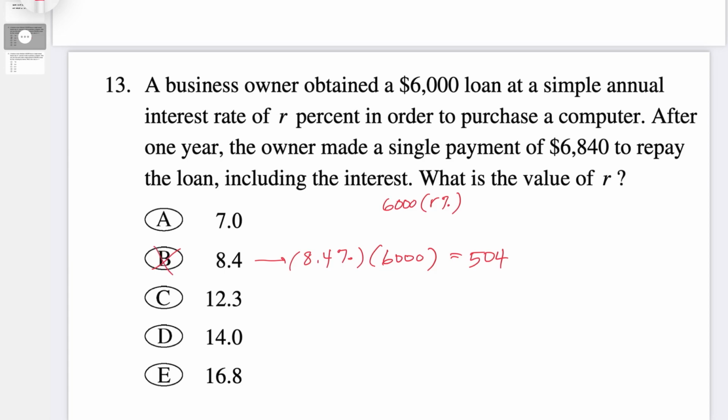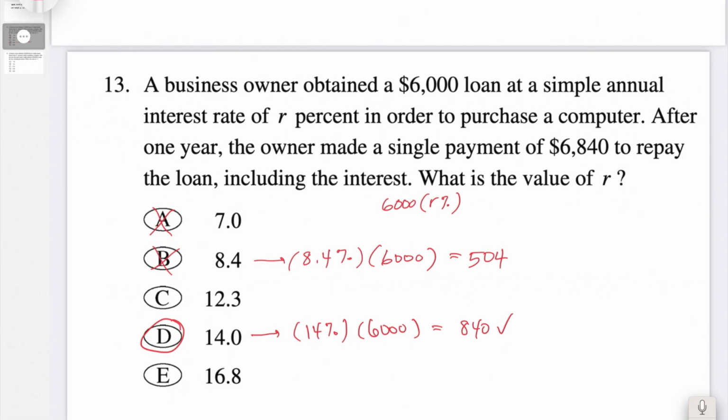That's too low, so I can cross out B and A. Next, I'm going to jump down to D, and I'm going to do 14% times 6,000 equals 840. And I can see that that is exactly the right number that I'm looking for because 6,000 plus 840 is going to be 6,840. So D is my answer.